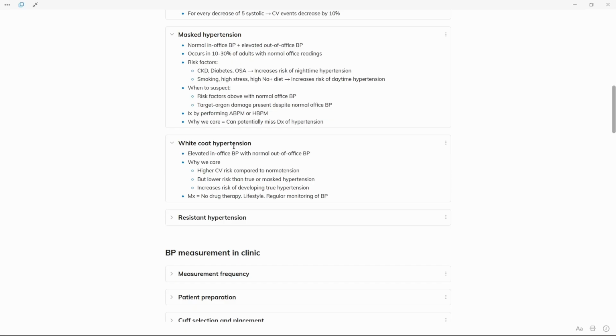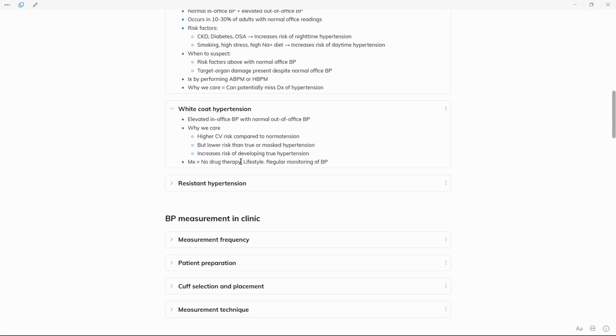For white coat hypertension, you don't need to initiate any drug therapy, unless of course their in-office blood pressure is really high. And so the main management focus for white coat hypertension is lifestyle. So you manage them through lifestyle and also by regular monitoring of their blood pressure in order to pick up on any early development or diagnosis of true hypertension.